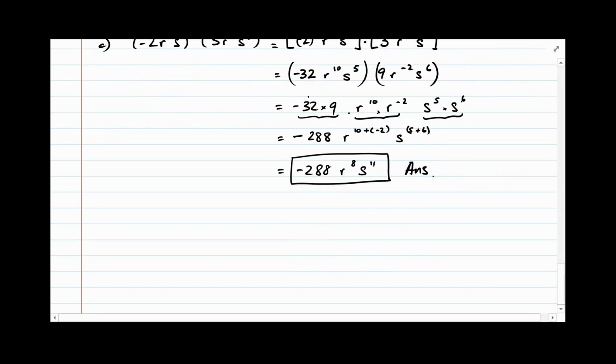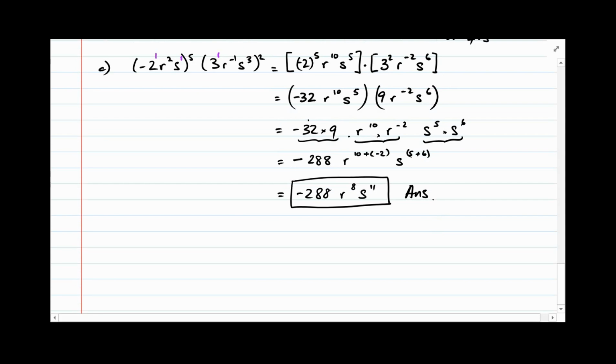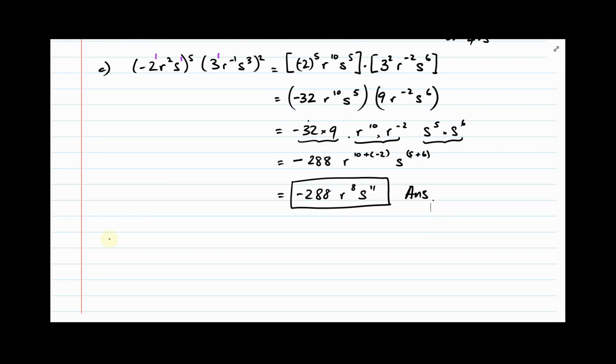I want you to note that in these cases we had a product. Let's look at an example. Suppose I had a to the -1 plus b to the -1, all squared.